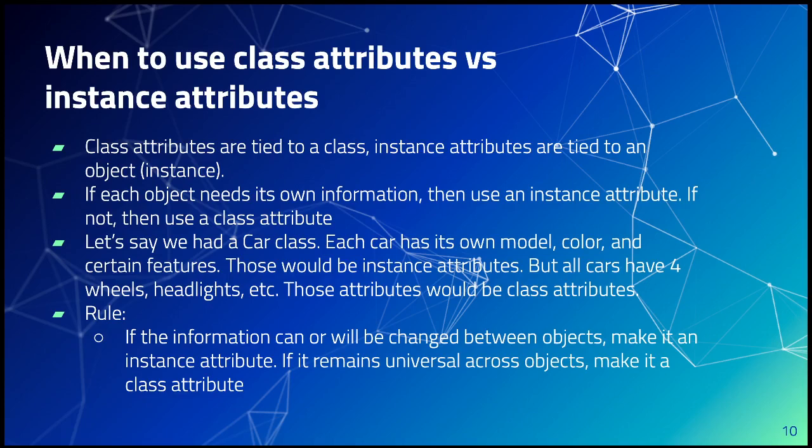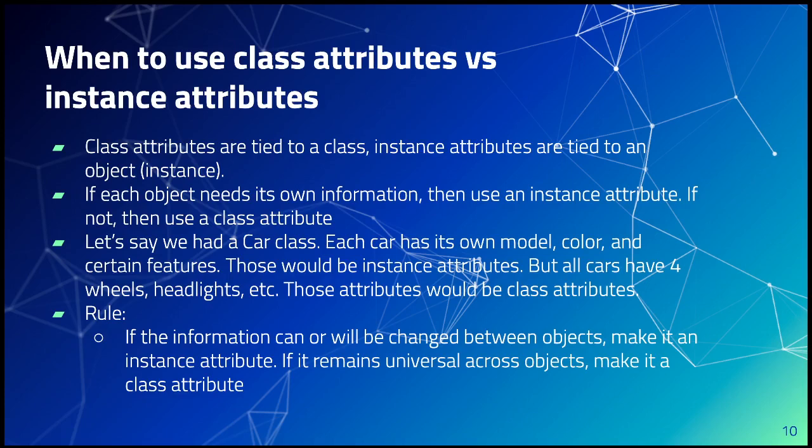And this is an example. If you have a car class, each specific car would have its own model, its own color. It would have a ton of other features that are unique to it. And those would be examples of instance attributes, because those aren't supposed to be shared among instances. But all cars will have 4 wheels.